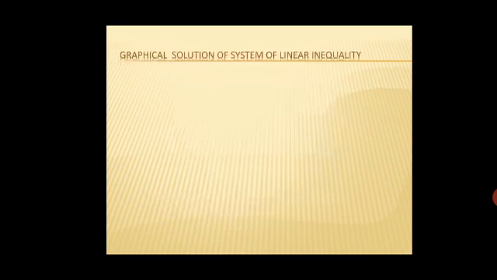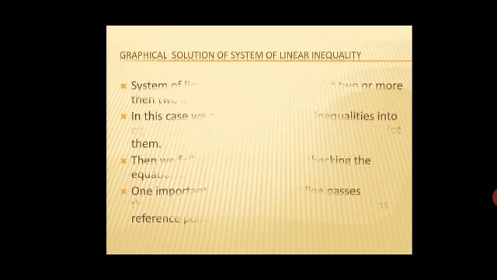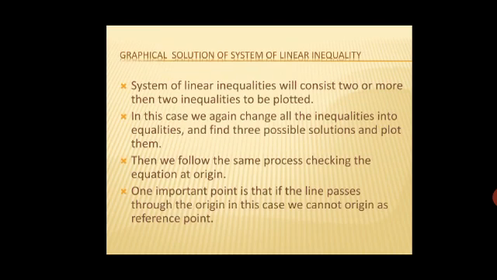Now let us find out the graphical solution of a system of linear inequalities. How are we going to do this? A system of linear inequalities will consist of two or more inequalities and we have to plot them. In this case, we again change all the inequalities into equalities, find three possible solutions and plot them.